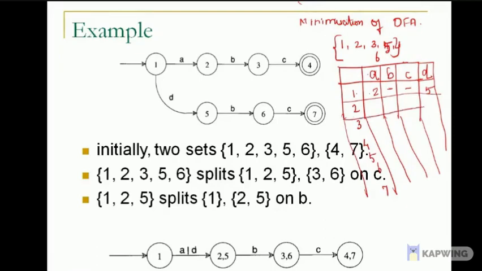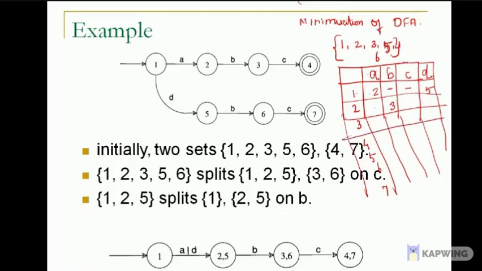From state 2, 2 on A? No. 2 on B? 3. 2 on C? No transition. 2 on D, no transitions.